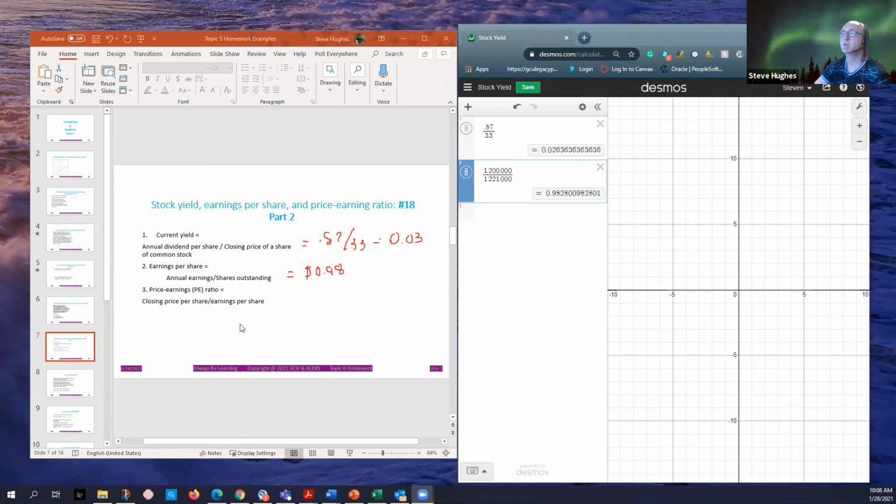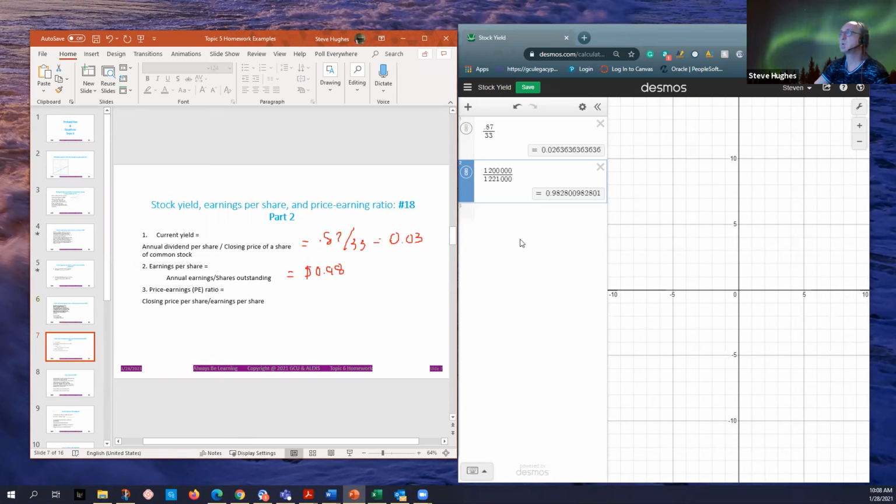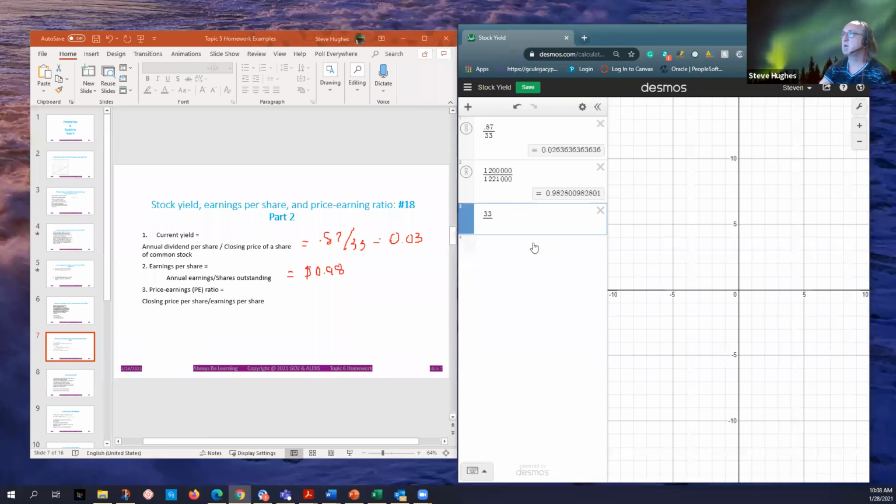PE, the price earnings ratio, is the closing price divided by the earnings per share. All right, what was the closing price? The closing price of the stock was $33 last night. Closing price of the stock was $33, divided by the earnings per share that we just calculated, 0.98.